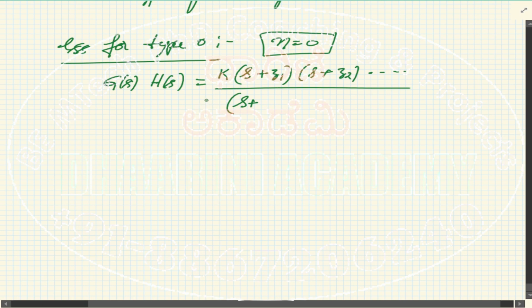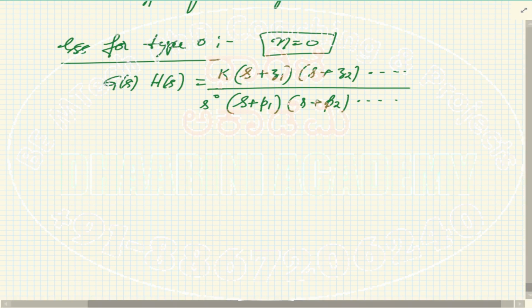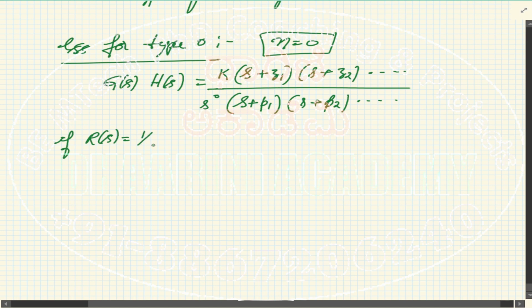N equal to 0 means S to the power 0 in the denominator, into (S plus p1)(S plus p2), and so on. Now calculate, for a type 0 system, if the input R of S is equal to 1 by S, what happens to the ESS?